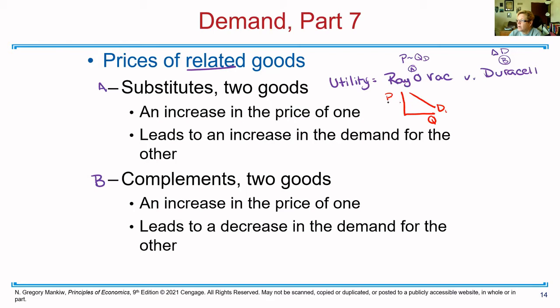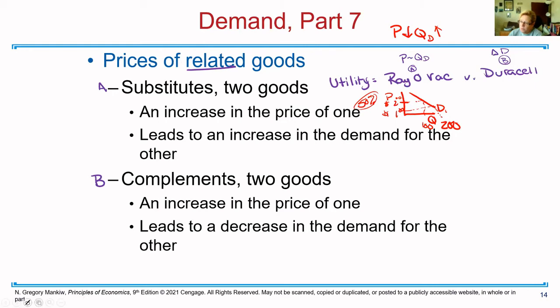Let's say Rayovac right now is $2, and we have 100 people that want it. Rayovac goes on sale, 50% off. Ooh. So now they're $1. We know that when the price decreases, the quantity demanded increases, and we'll put that at 200. So here in Rayovac, as the price decreased, the quantity demanded increased, all else held constant.